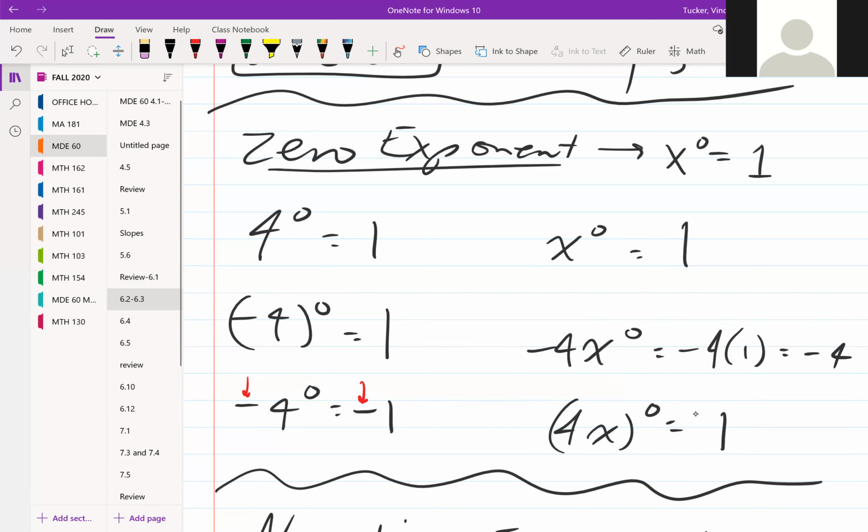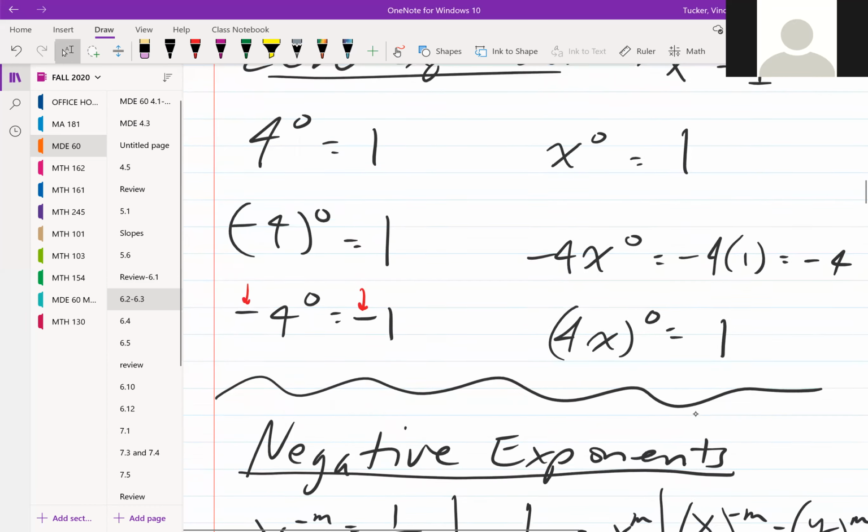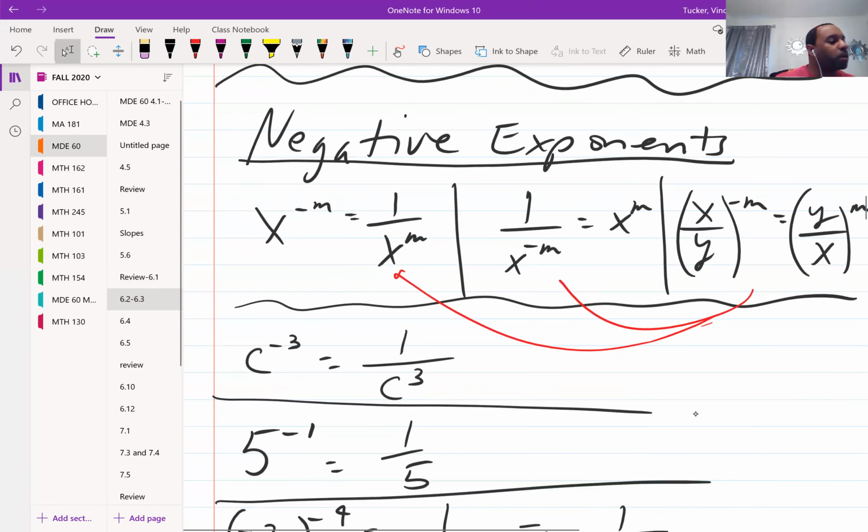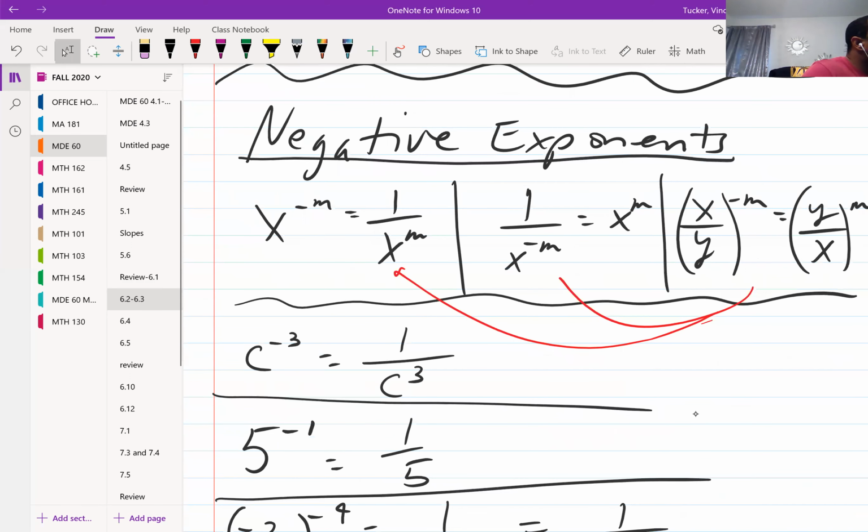All right, questions? All right. Don't worry about negative exponents right yet. Don't write that down. Let me confirm. Looking back in this section, make sure you guys don't have any negative exponents. Because if you don't, then I won't force it on you.